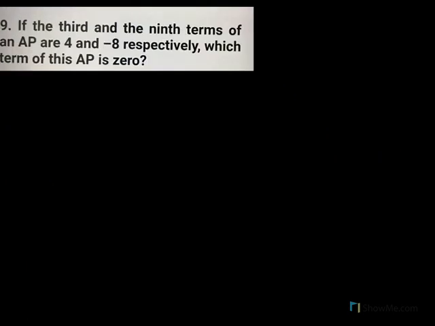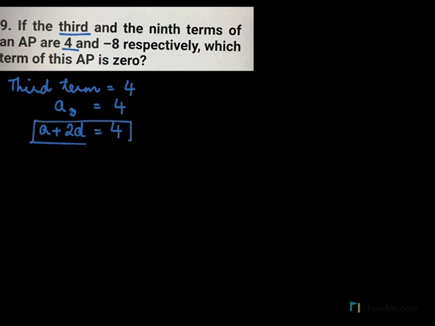If the third and the ninth term of the AP are 4 and minus 8 respectively, which term of this AP is 0? So here they are saying the third term is 4. So a3 equal to 4 means a plus 2d equal to 4. This becomes equation 1.